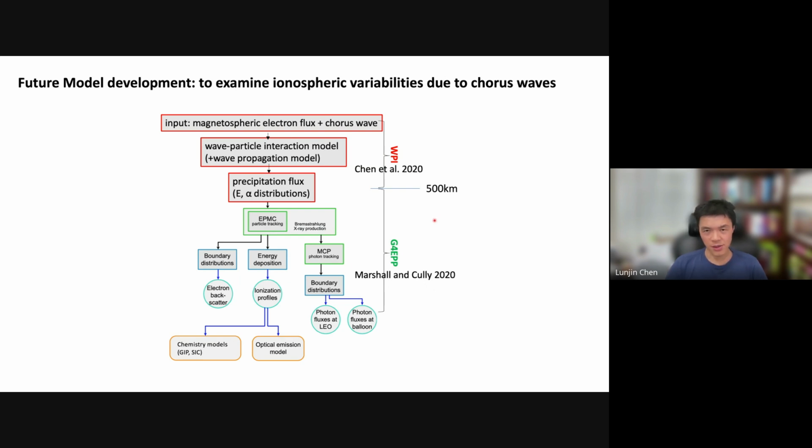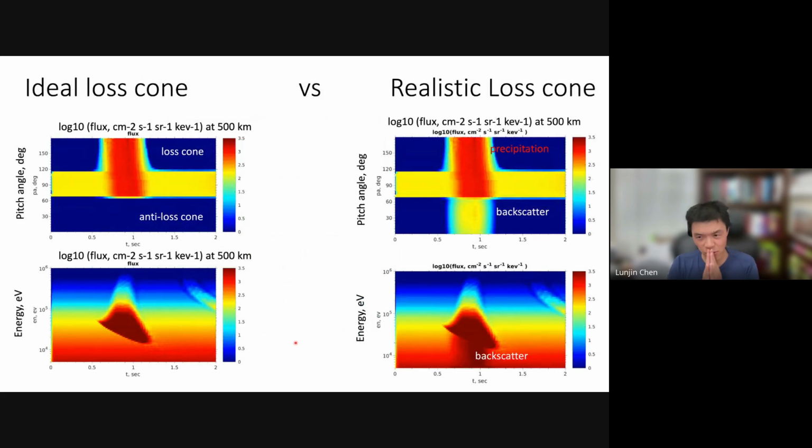Once you get all those collision processes resolved, you can get the altitude profile of ionization, and then you can throw this ionization profile into the chemistry model to figure out the ionosphere variability, change in the electron density, change in the conductance, things like those can be resolved. And here's just a very simple tryout combining with the G4 EPP model.